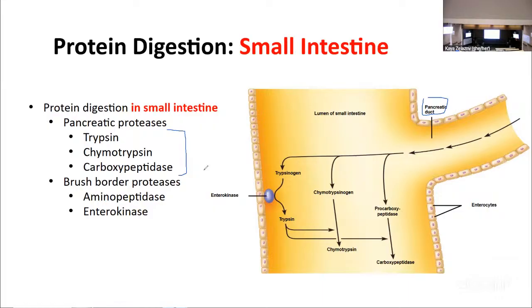So we've got trypsin, chymotrypsin, and carboxypeptidase all coming through that pancreatic duct in our pancreatic juice. And actually, you might notice on your figure here, these are slightly different words than in your bullet points. We see we have trypsinogen, chymotrypsinogen, and procarboxypeptidase.